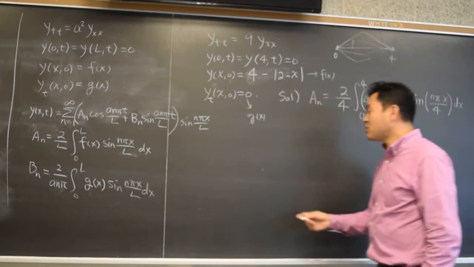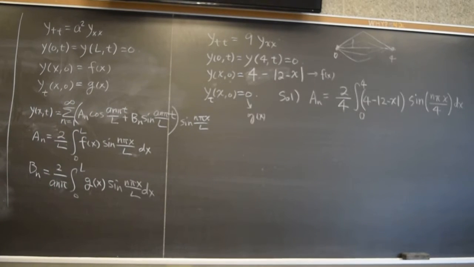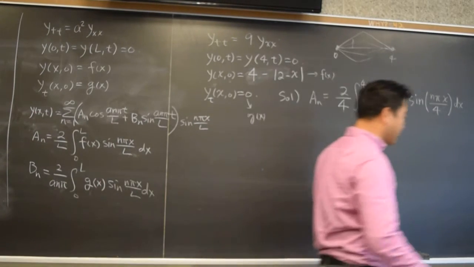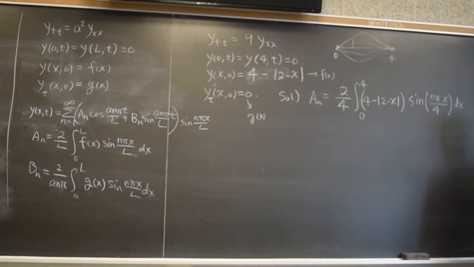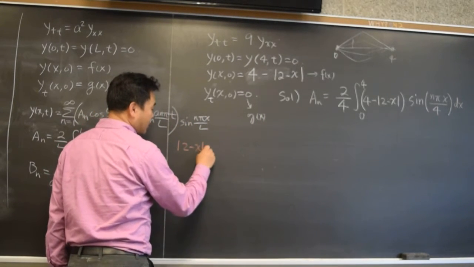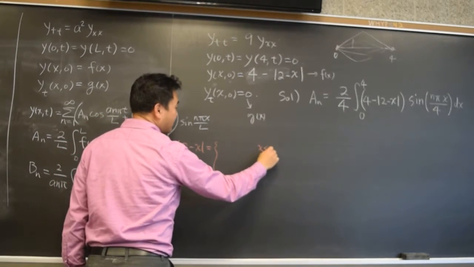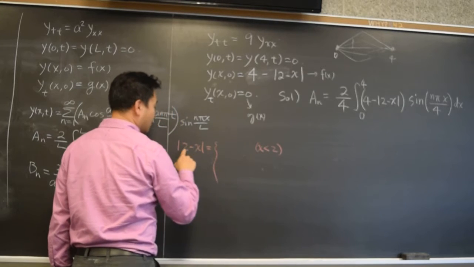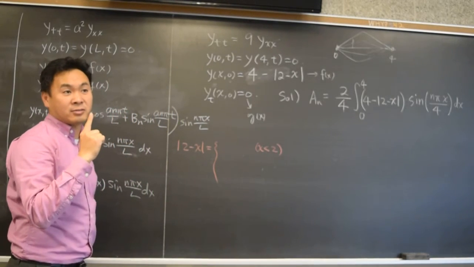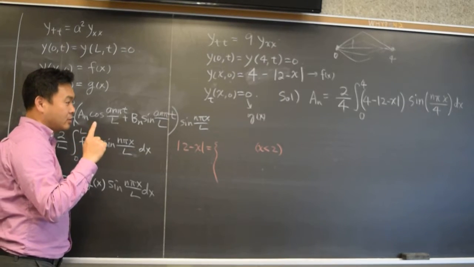So what is the absolute value of 2 minus x? If x is less than 2, 2 minus x is positive or negative? Positive.